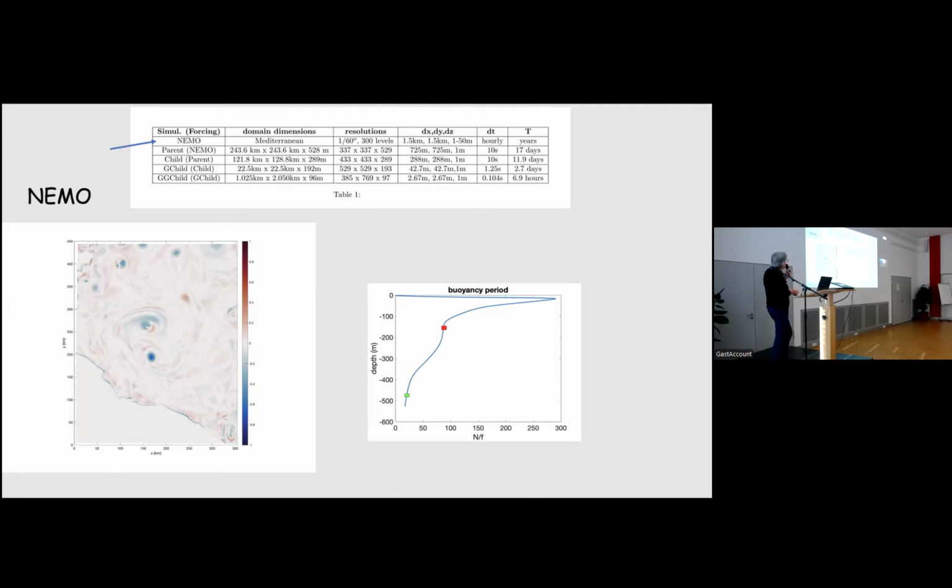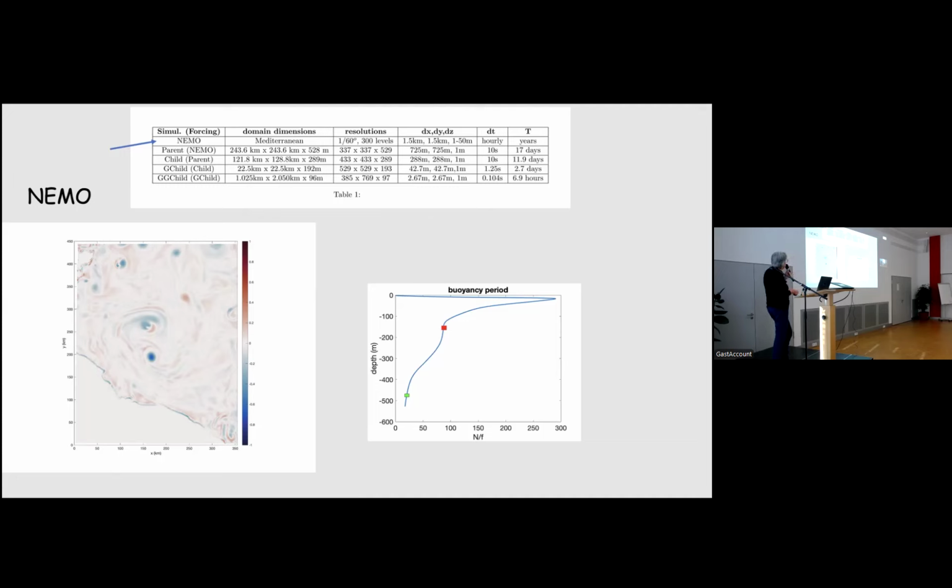For this first parent one, we went down by a factor of 2 in horizontal scales, and we ran it for 17 days, from July 20th, 2009.